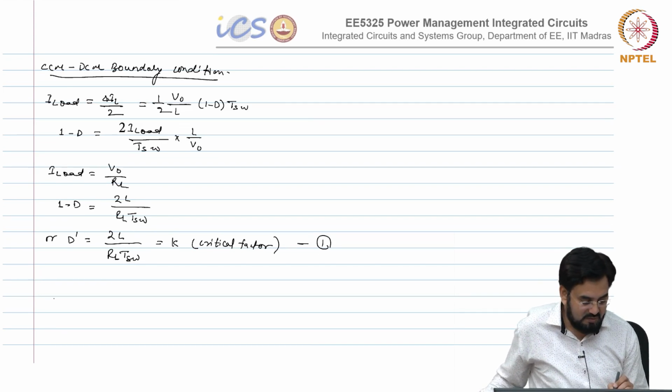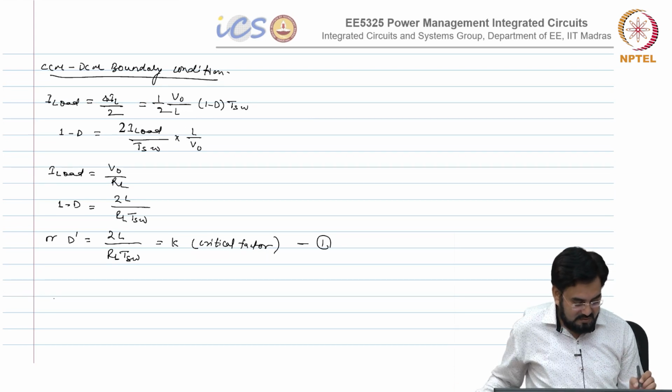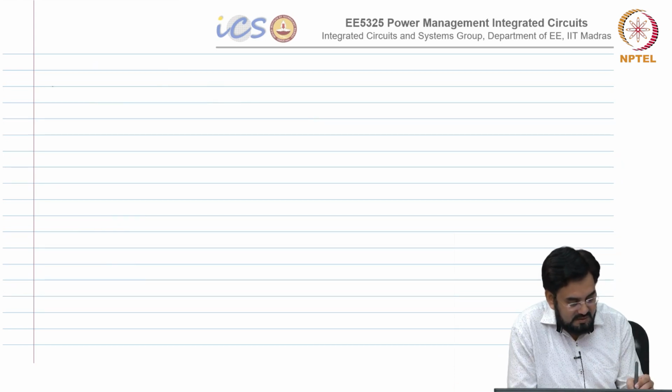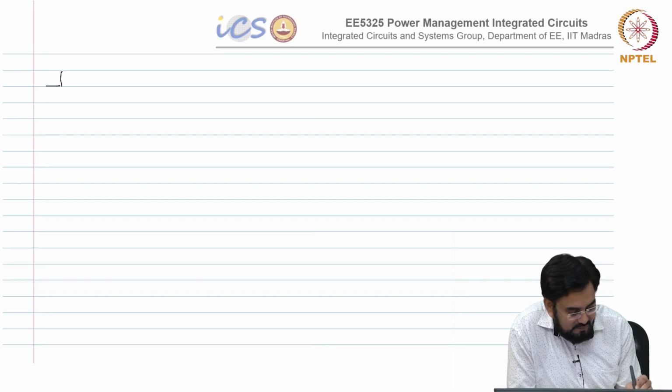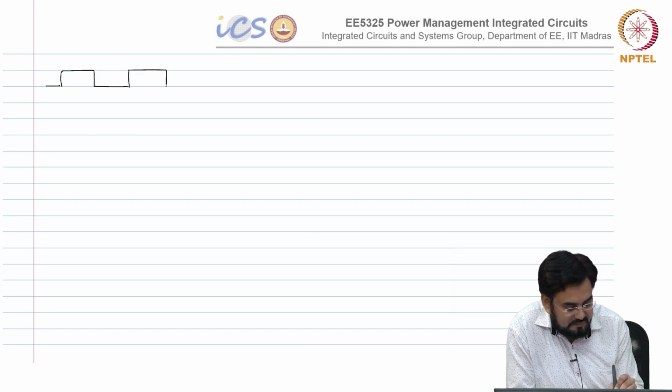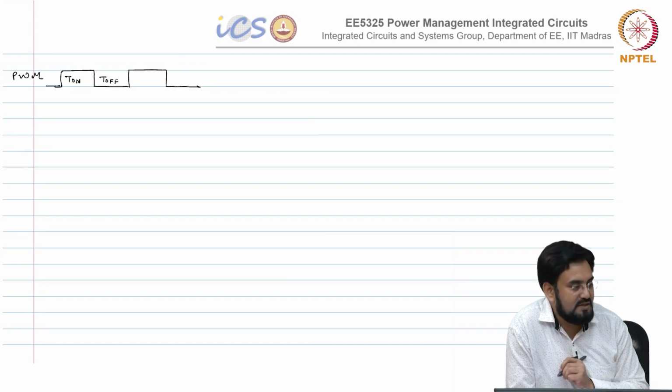Let us mark it number 1, and now come here. If this is your PWM waveform, this is T on and this is T off.